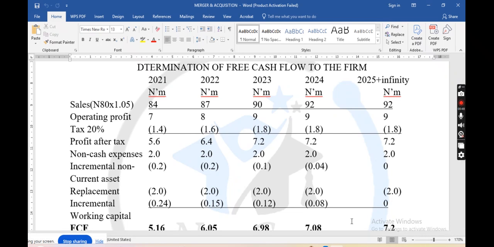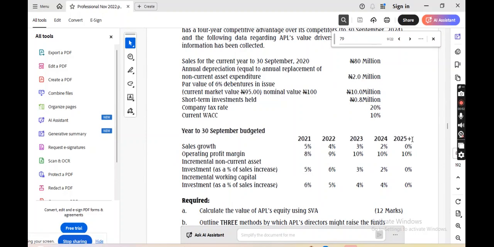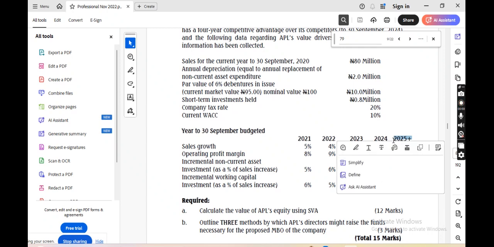Don't forget, I equally mentioned that even if this 2025 plus is not there and they just say 2025, you should use your discretion that the competitive advantage for this company is for 4 years. The question you should ask is why 2025? That 2025 is what? Beyond, right?